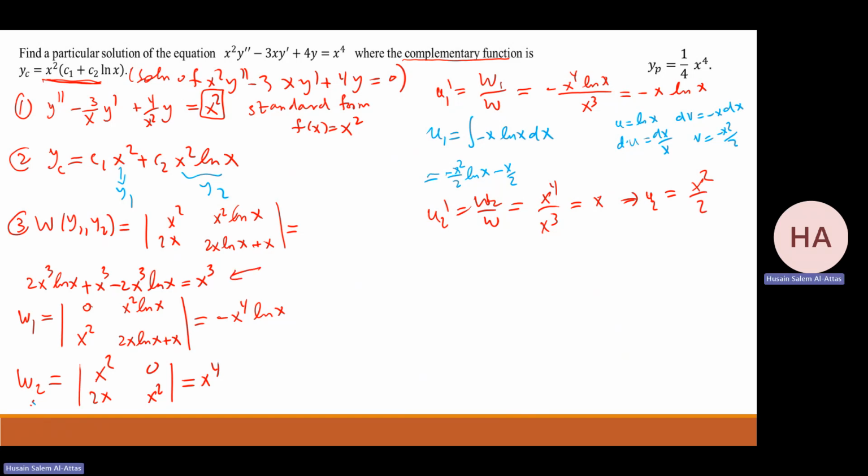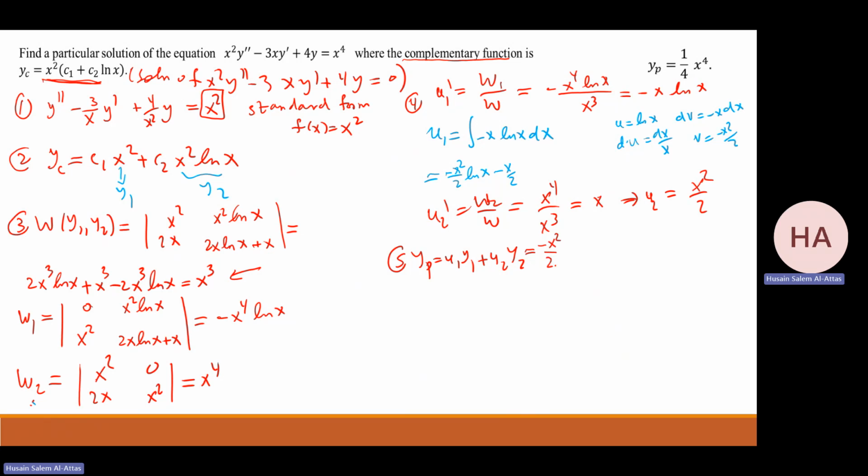Okay. Now I have u1, I have u2, I have everything. So this is my fourth step. My fifth step, yp equals u1 y1 plus u2 y2. Let me do the calculation carefully.